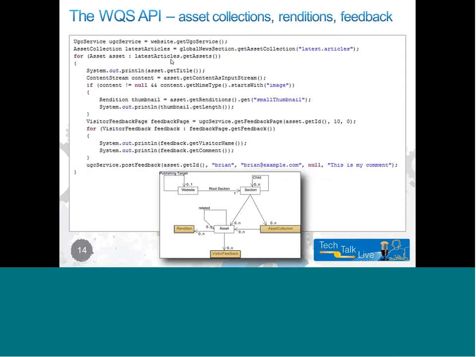We're getting all the assets that are in that asset collection, and for each one we're printing out the title, getting the actual content itself, and having a look to see whether it's an image piece of content and printing out its size and getting a rendition, the small thumbnail rendition of it. Then we're getting a page of feedback, so comments that are associated with that particular asset, and we're going through and printing out all of the feedback that's been received that's related to this particular asset. And then right at the end there, we're posting a new piece of feedback that's related to that asset.